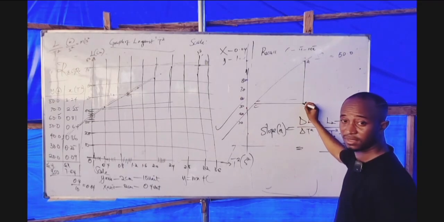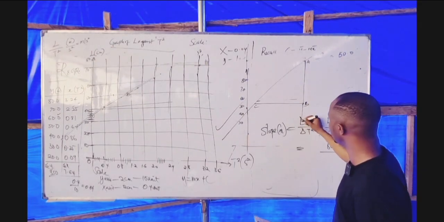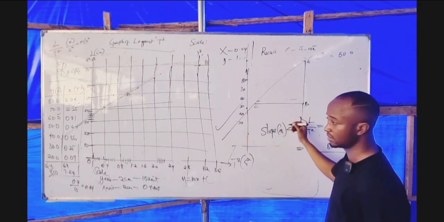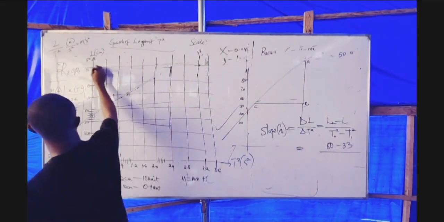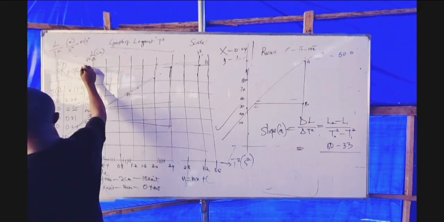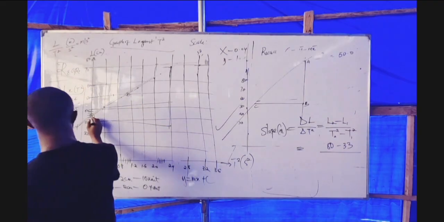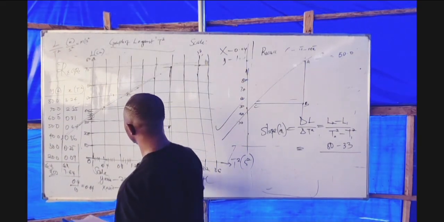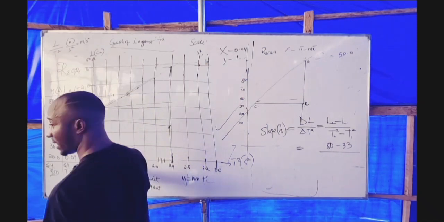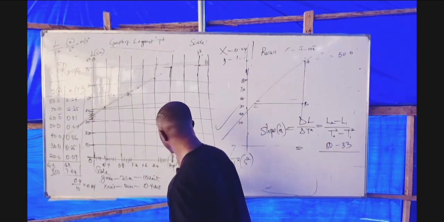Locate the value of your T here on the x-axis. If your slope is this now, this is my L2, this is my L1, this is my T2, this is my T1. So what's your T2?